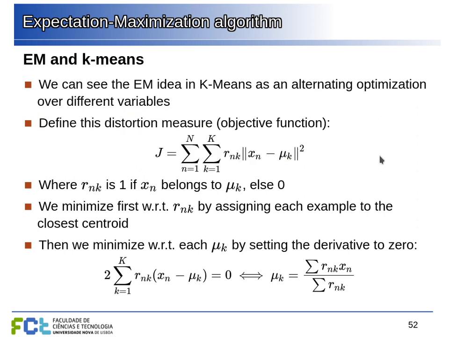This is how we measure how good or bad our clusters are, which uses the distance between each point and the representative of the cluster, so that centroid, the square of the distance between each point and the centroid, for all the points that belong to that particular cluster. So this Rnk is a function that will give us 0 if point n does not belong to cluster k, or 1 if point n is assigned to cluster k.